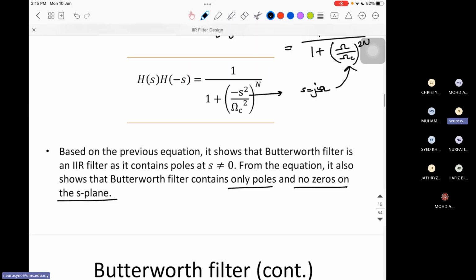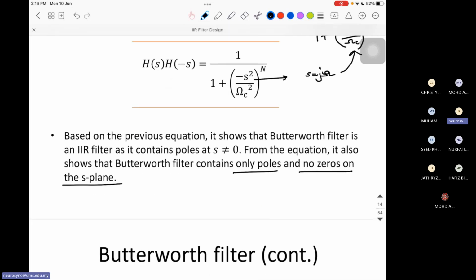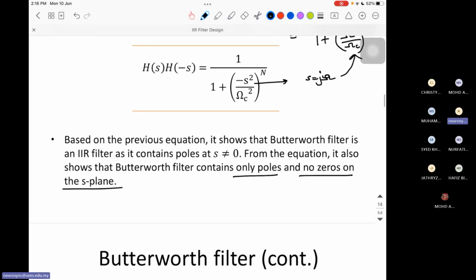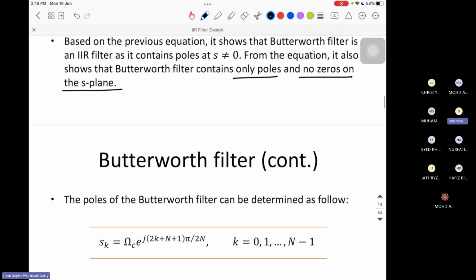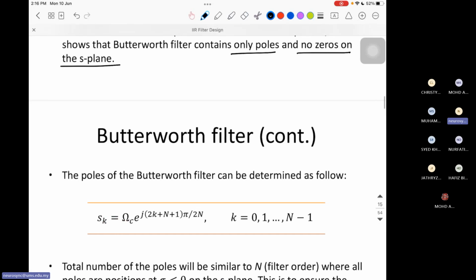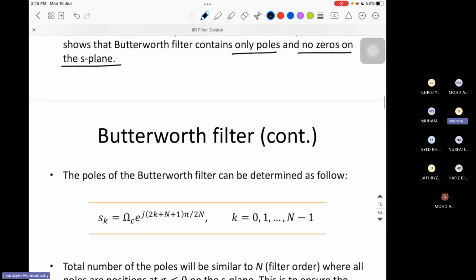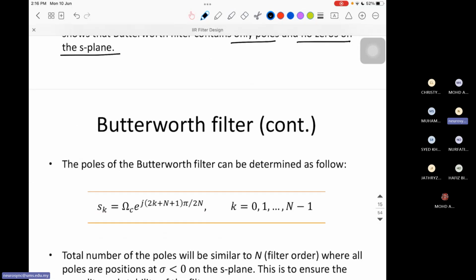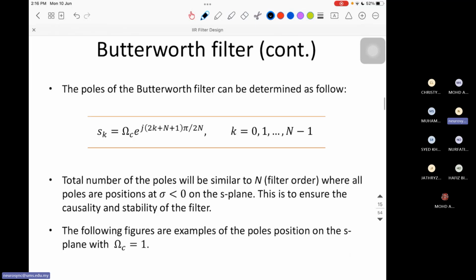Now if I solve this characteristic equation, what is the characteristic equation? This is the characteristic equation. If I solve it to find the poles of this filter, I will get s equal to Ωc into e to the power j(2k + n + 1)π divided by 2n.